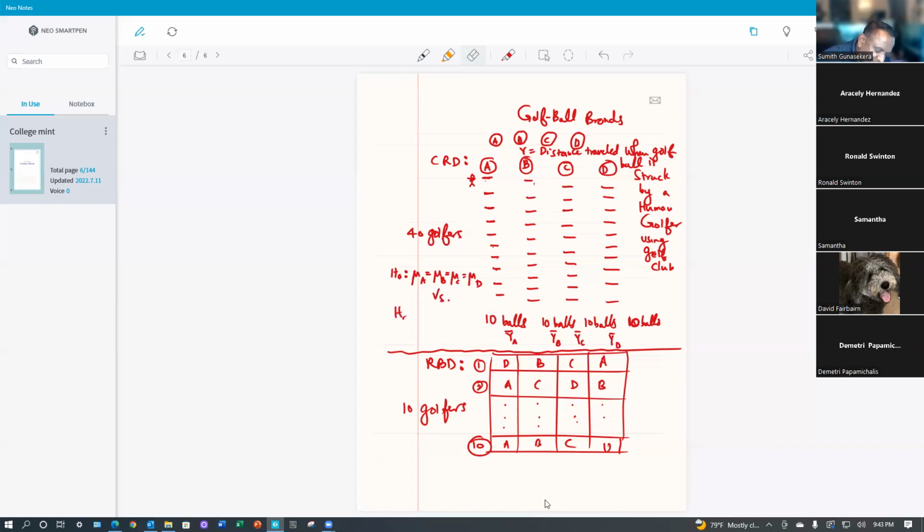The counterpart, the alternative hypothesis: at least two of them are not equal to each other.